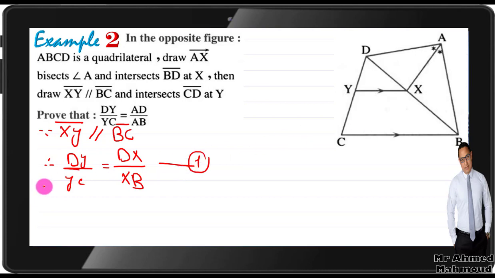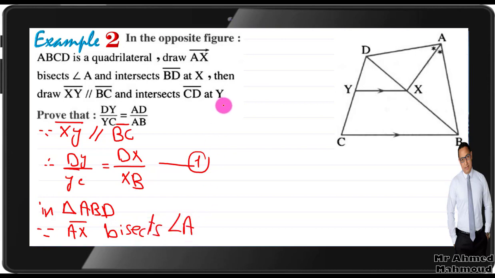Now in triangle ABD, since AX bisects angle A, DX over XB equals AD over AB.